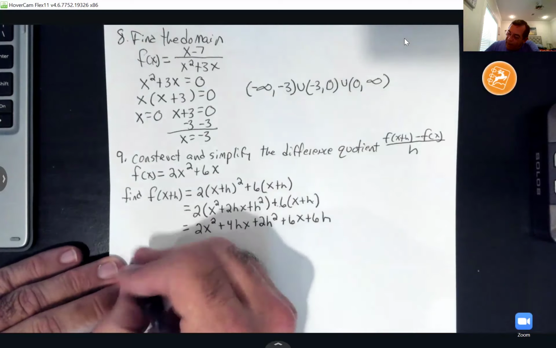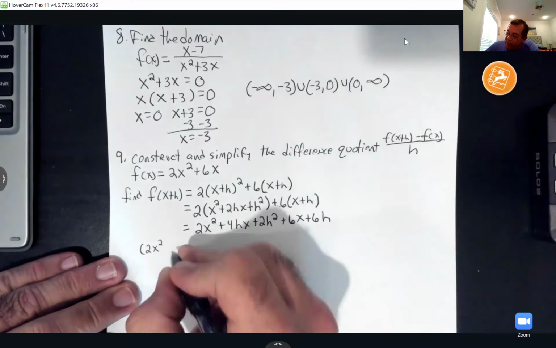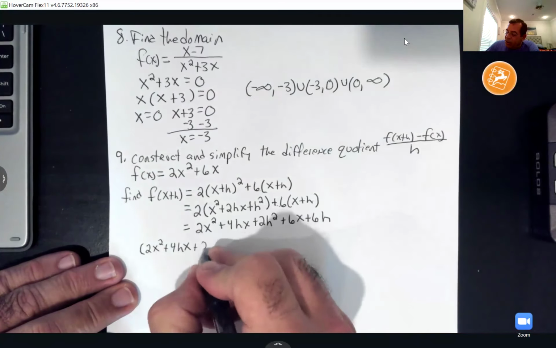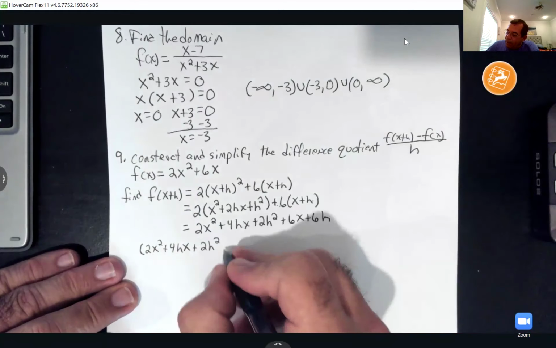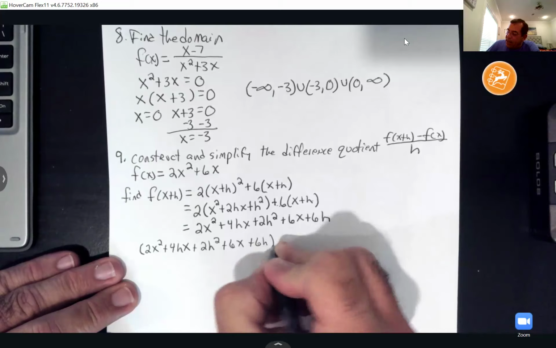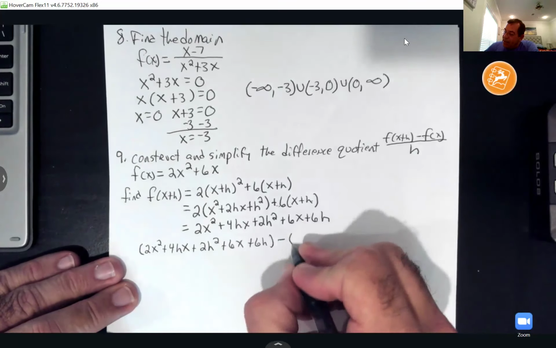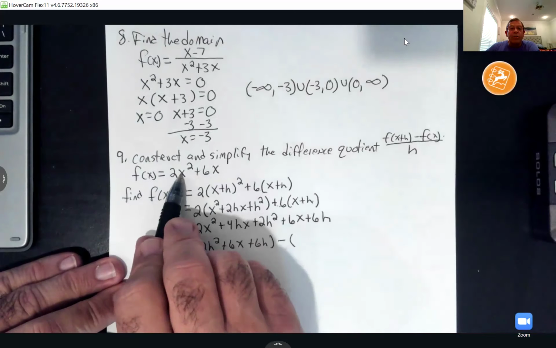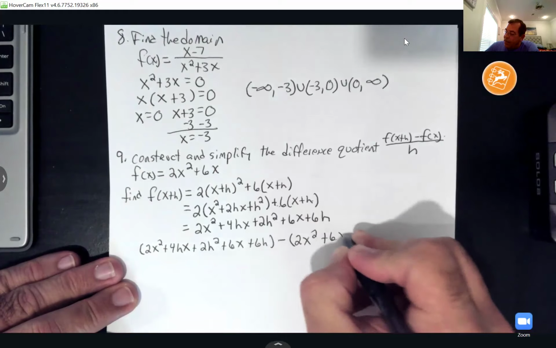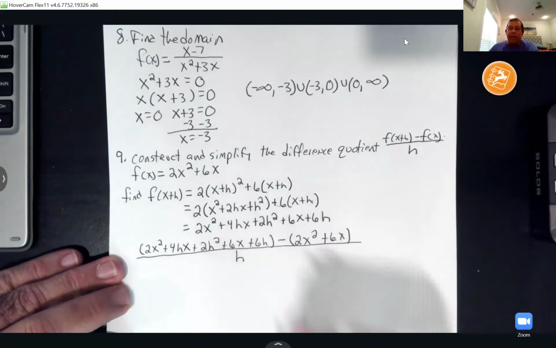So we would take our 2x squared plus 4hx plus 2h squared plus 6x plus 6h, that's my x plus h, minus my f of x, which is 2x squared plus 6x, and that's all over h.